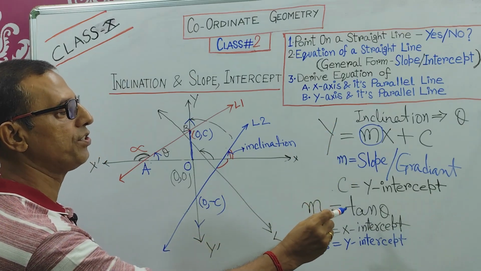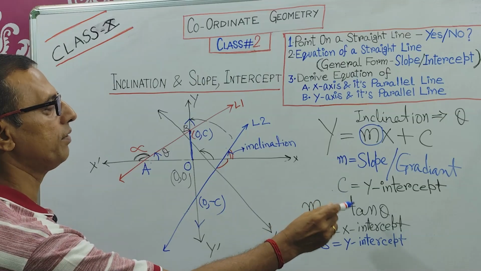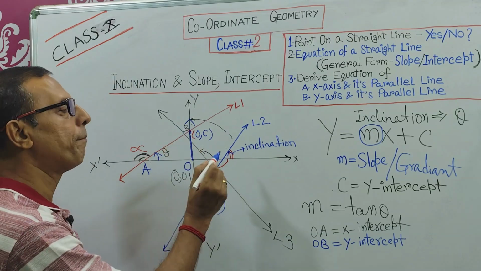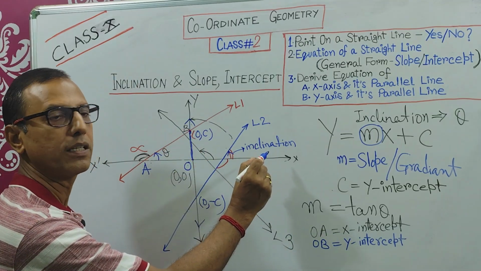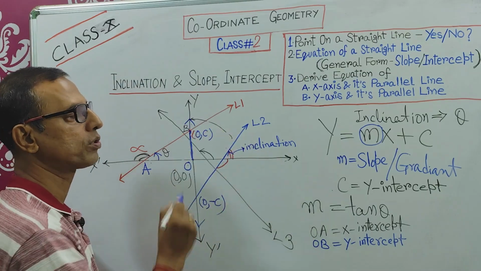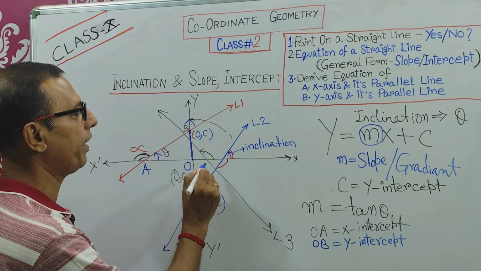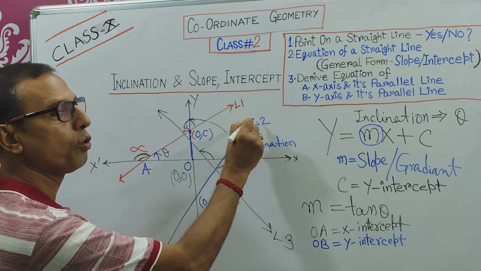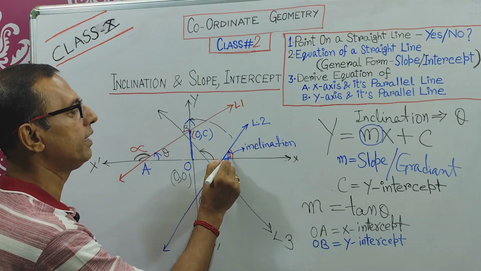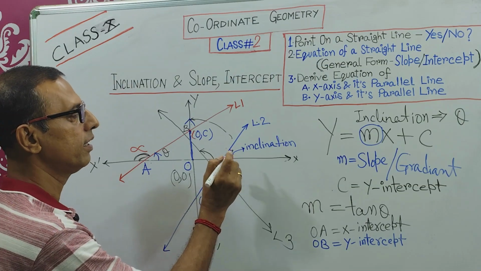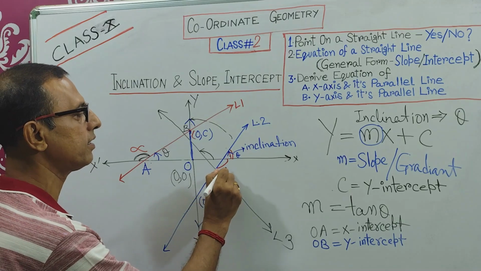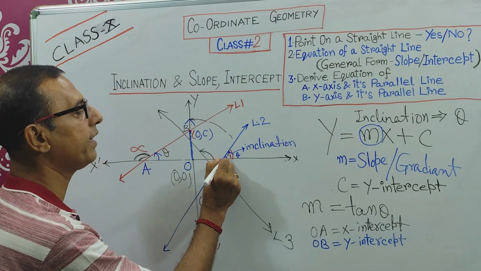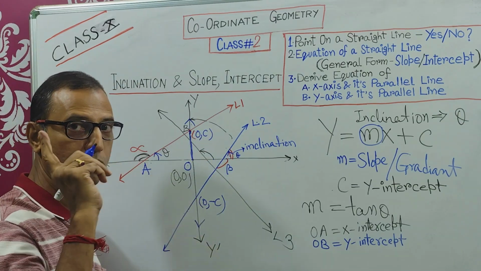Slope is nothing but the tangent of the inclination, and this value of inclination is always measured in the anti-clockwise direction from the positive direction of the x-axis. Because for line L2, this angle theta is with the positive direction of the x-axis, and this beta is also with the positive direction of the x-axis, but this theta is towards the anti-clockwise direction.